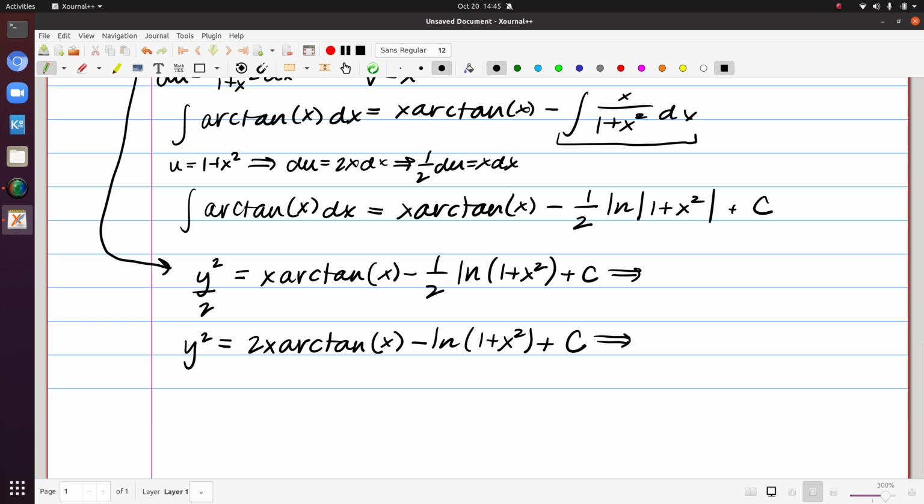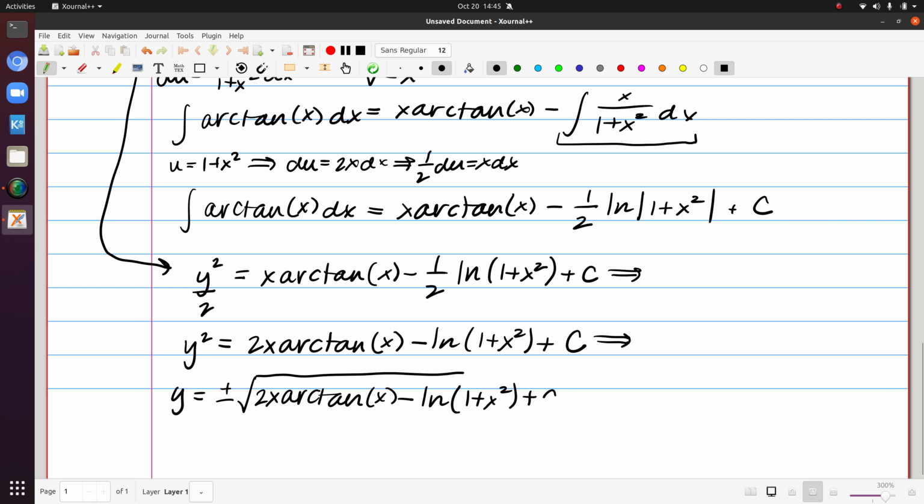And then finally, we take the square root, and we're going to get here that y is equal to plus or minus the square root of 2x arctangent of x minus natural log of 1 plus x squared plus c. Now, one thing to consider here is we're going to be able, after plugging in our initial condition, to further refine the plus or minus.